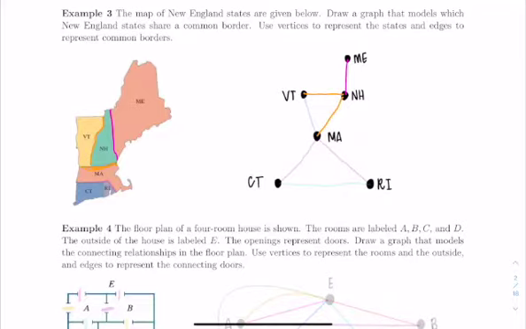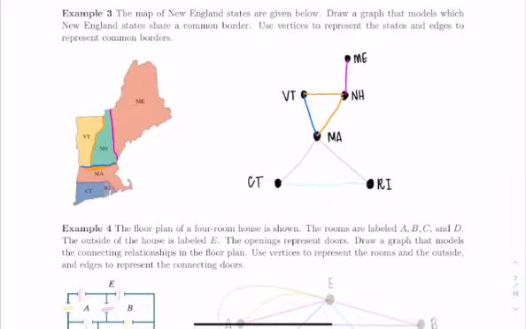Now let's go ahead and look at Vermont. Vermont has a common border with New Hampshire, but it also has a common border with Massachusetts. So we need to draw a line between Vermont and Massachusetts. And that takes care of Maine, New Hampshire, Vermont.